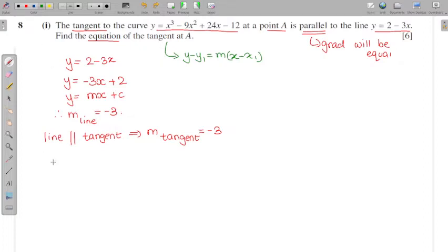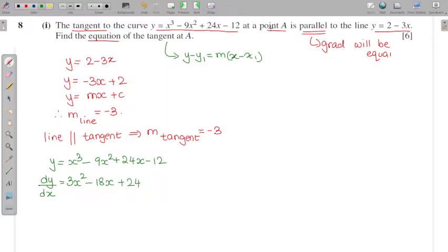So they have said that y equal to x cube minus 9x square plus 24x minus 12. So if we differentiate this with respect to x, it will be 3x square minus 18x plus 24.